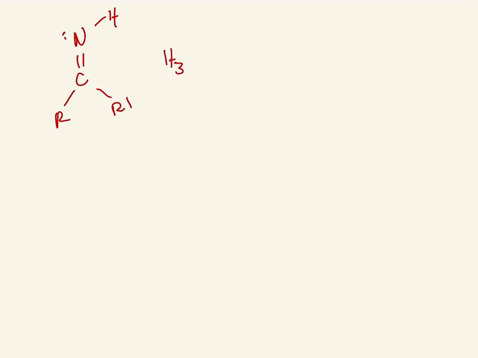We have the presence of H3O plus, which is then going to protonate this nitrogen, right? So remove the lone pair here just so it's easier for it to attack the proton in the H3O plus. So then we get C, R, R prime, double bond, and N, H, H. And now this is going to be positively charged.